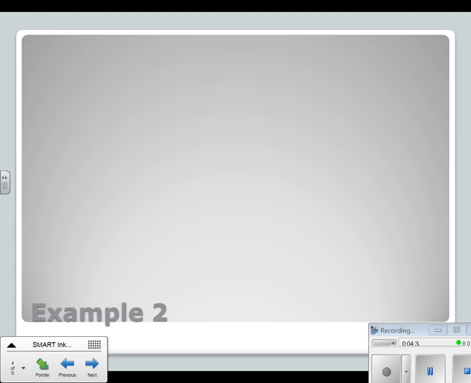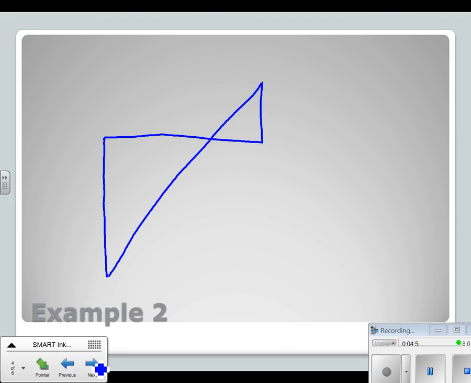In this next problem, we're going to draw two triangles again. So you can see two triangles. I'm going to say that this is triangle A, B, and then C would be right here.